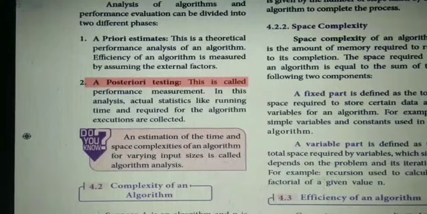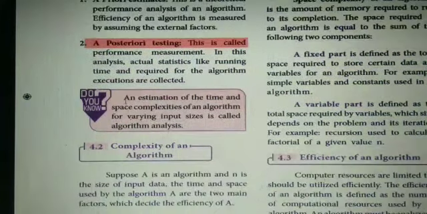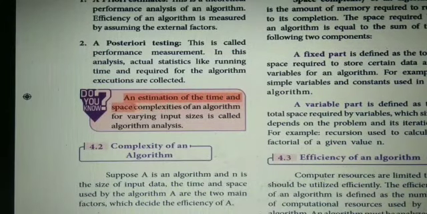In this performance measurement, actual statistics like the running time required for the algorithm execution are collected. An estimation of the time and space complexity of an algorithm for varying input sizes is called the algorithm analysis.